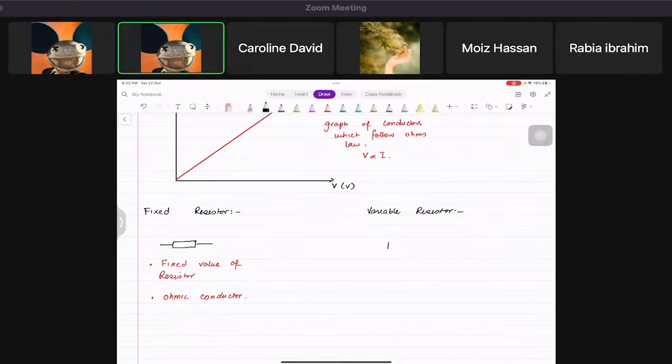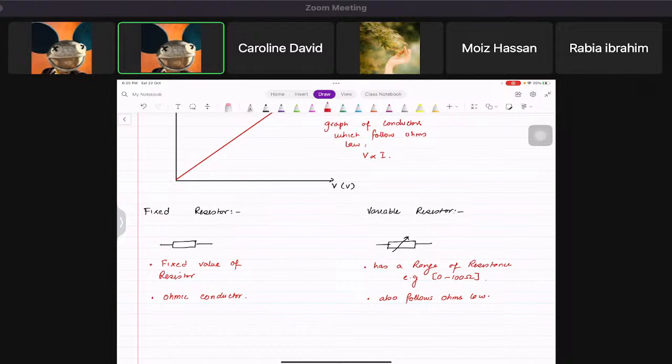A variable resistor, however, has a symbol like this. We've already done the symbols. A variable resistor has a range of resistances. For example, it could have 0 to 100 ohms. And it also follows Ohm's law, so you guys need to remember that.